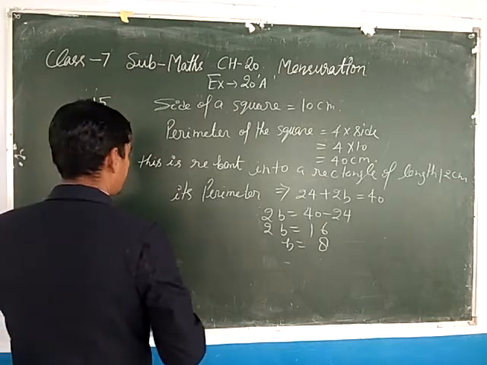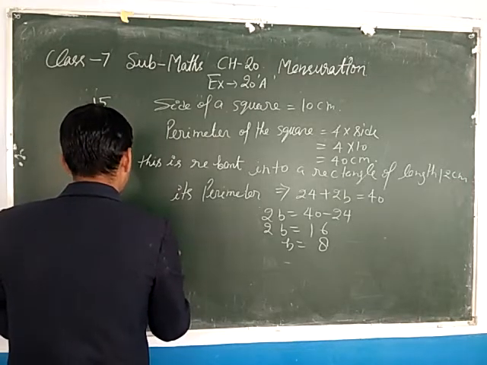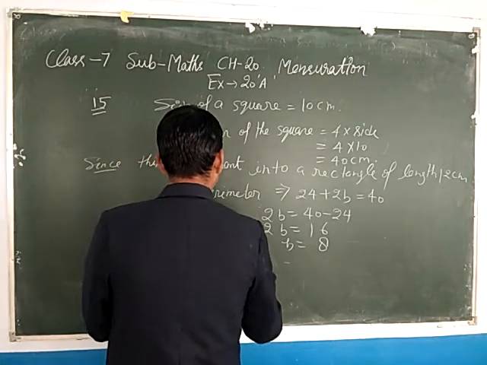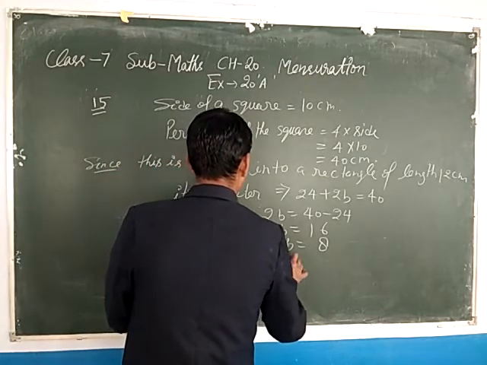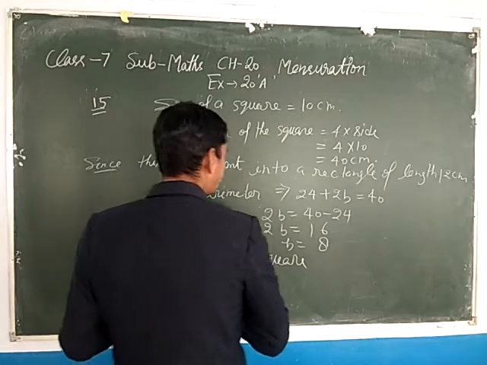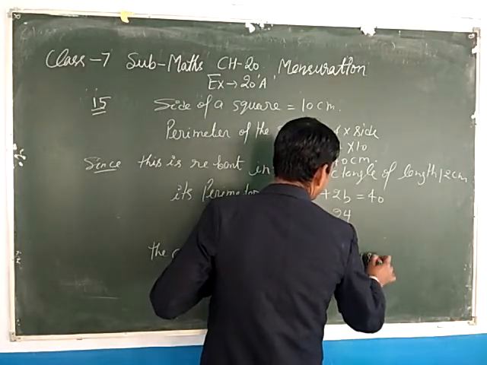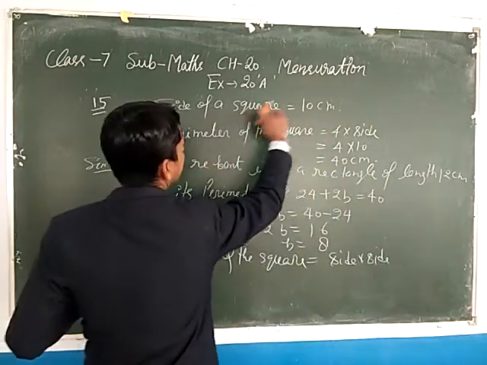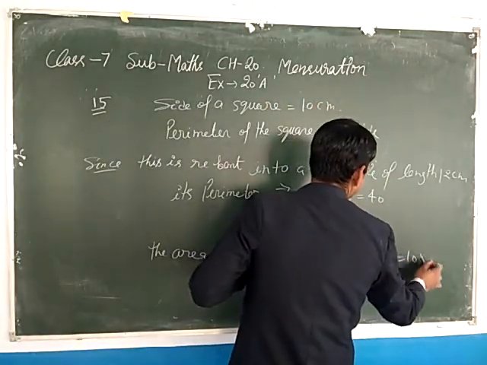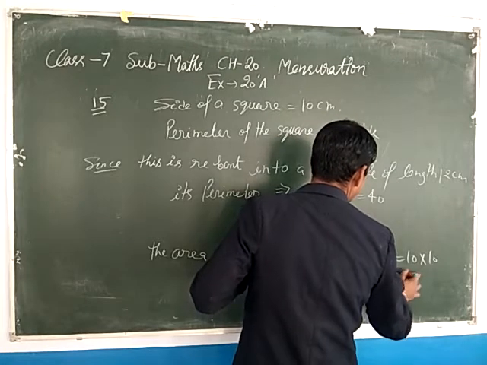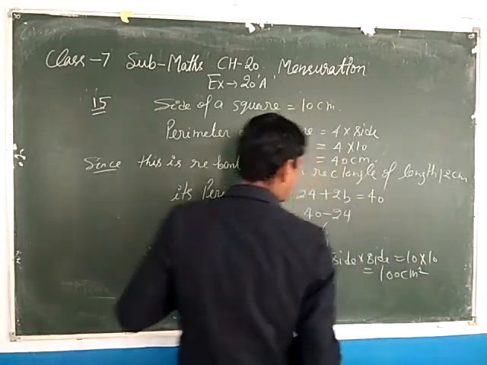So you will write, the area of the square. You know very well, side multiply side, and side is 10 centimeter, 10 multiply 10, 10 tens are 100 centimeter square. Clear beta?